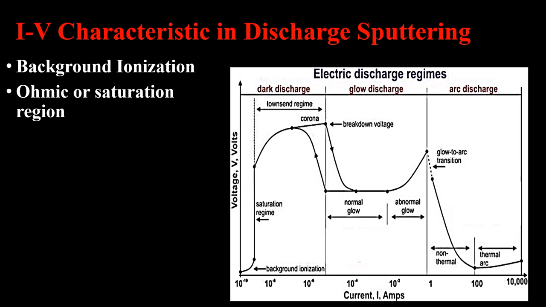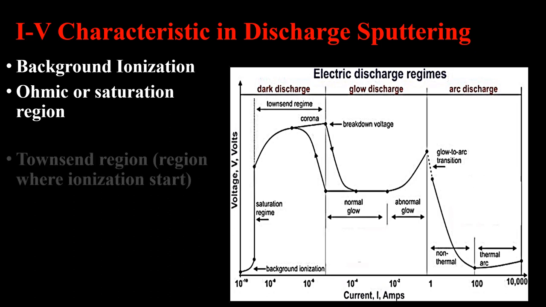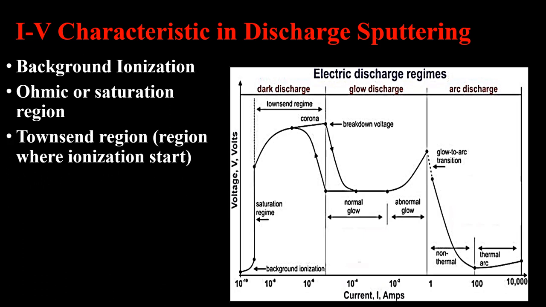With time, these incident electrons will cause a saturation and will strike more with the inert gas atoms present inside the chamber, and this region is known as the ohmic region.